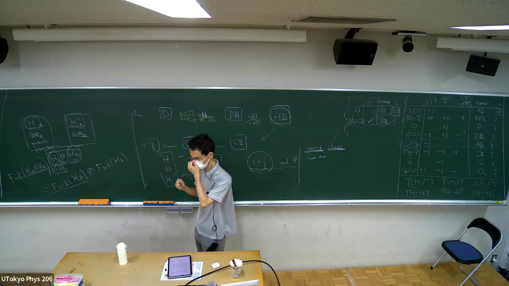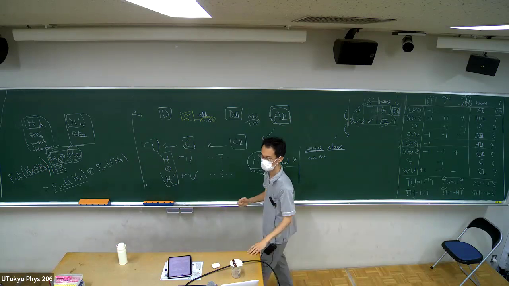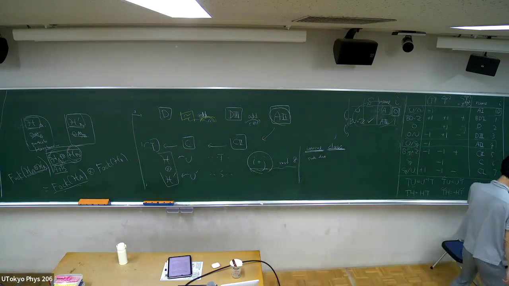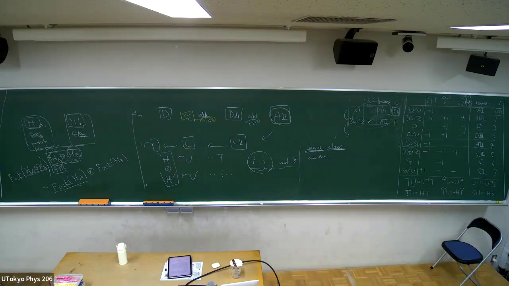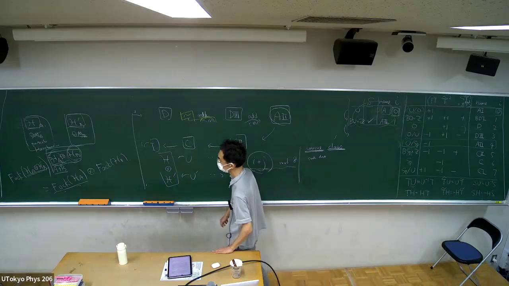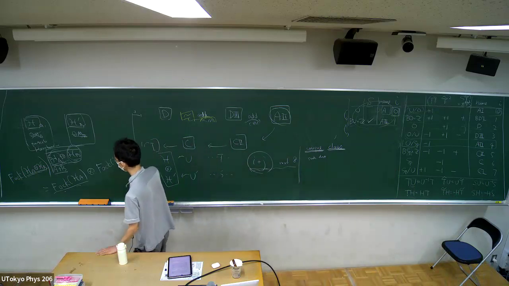Right. Maybe not. I think this is maybe not it. If so, this kind of argument is not very interesting, and it is very straightforward. I'm not sure about it.